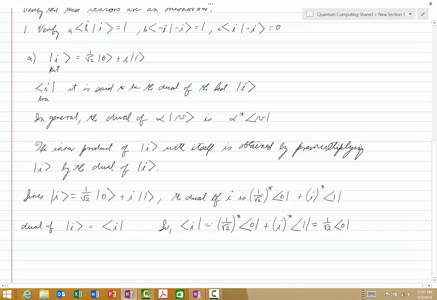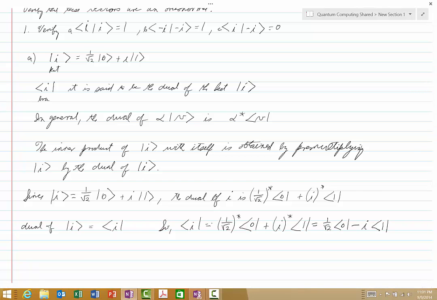But for I, this is imaginary, so when we take the complex conjugate, we get minus I. So that's the dual of I.